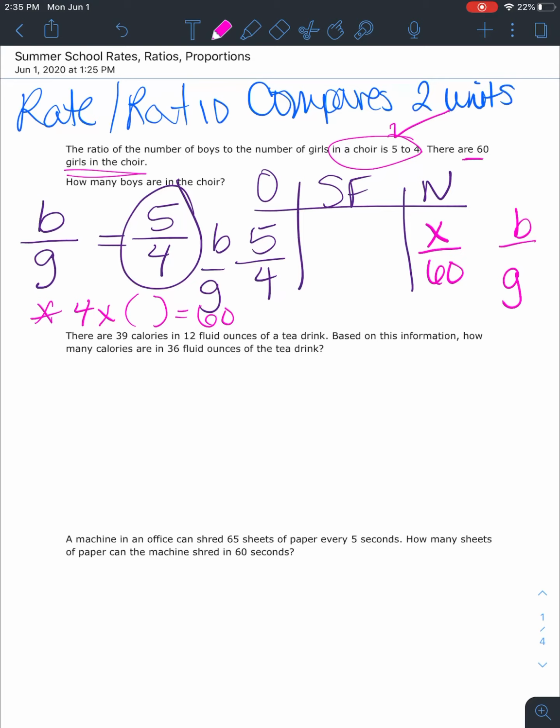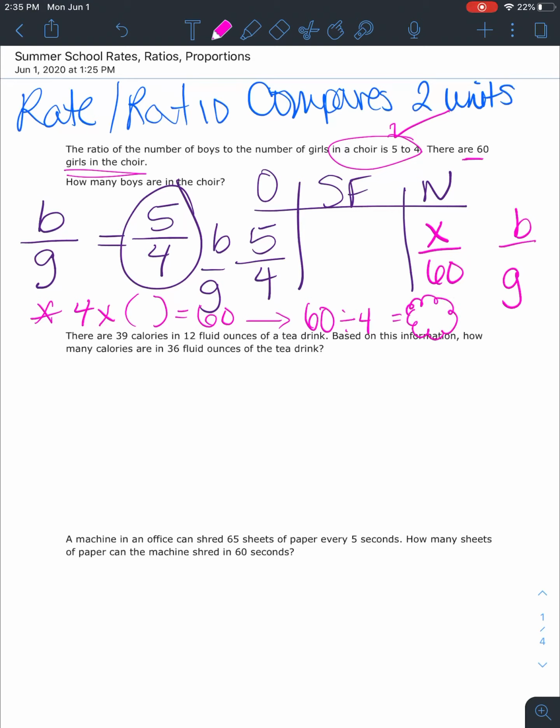Well, what's the opposite of multiplication? If I don't know what I need to multiply by, I can work backwards. If I work backwards, what operation is that? Division. So another way I could write this is 60 divided by 4, and that's going to give me whatever this special number is.